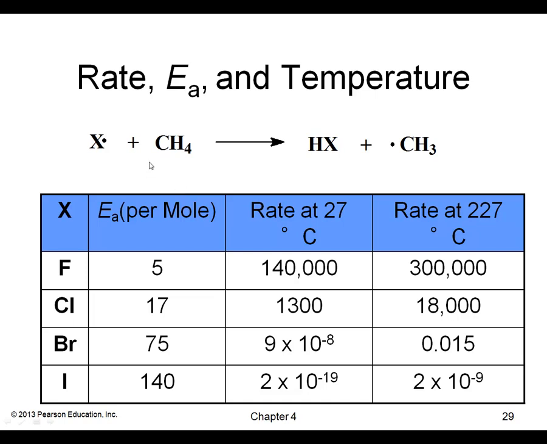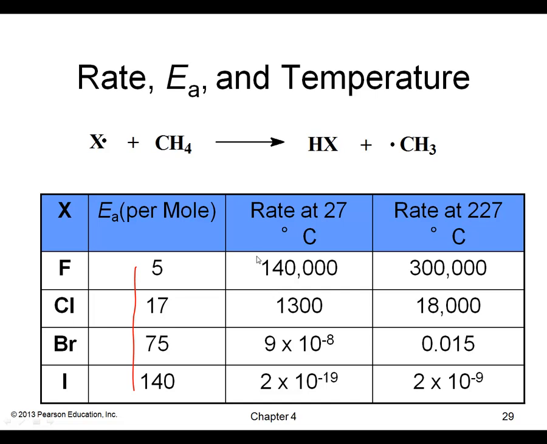Here are some comparisons. If you look at the different halogens, fluorine has the smallest activation energy, and as I go down the group, I get a larger activation energy.